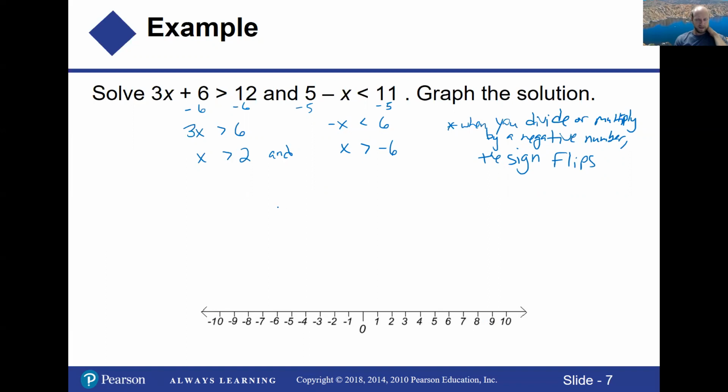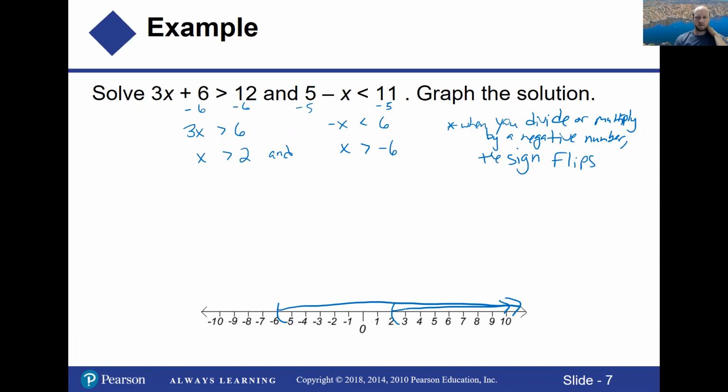So let's go ahead and graph this. It is x is greater than 2 and x is greater than -6. So both of those have to be true. So it's where does it overlap? Well, if x is greater than 2, I'm going to have a left parenthesis at 2 going, line going this way. And I'm going to have a left parenthesis at -6 and the line going this way.